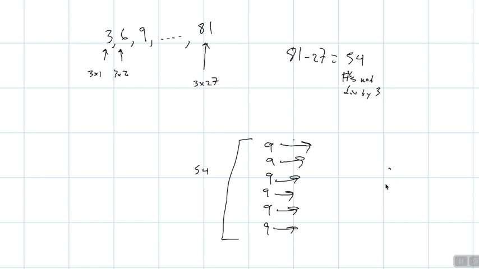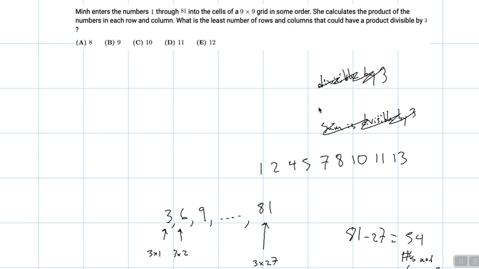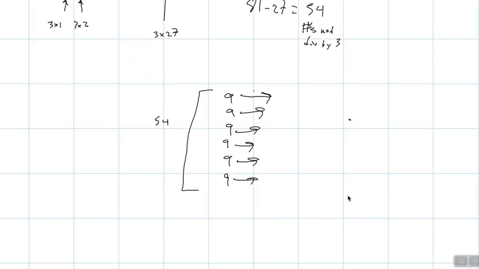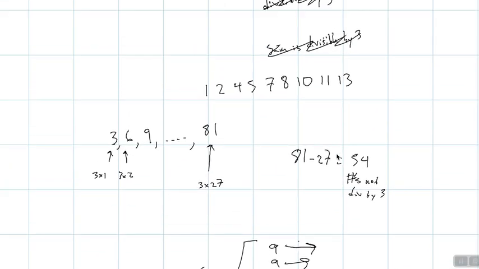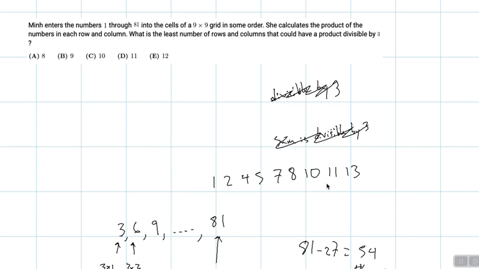So I'd say we could have 6 rows here. What is the least number of rows and columns?